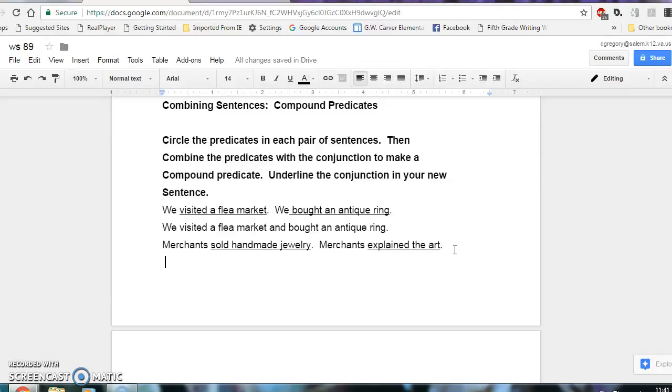Simple sentence, simple subject, compound predicate. Merchants sold handmade jewelry and explained the art. All right. I forgot to underline my conjunction and. All of these are sharing things, and so and is a good conjunction when they share like ideas.